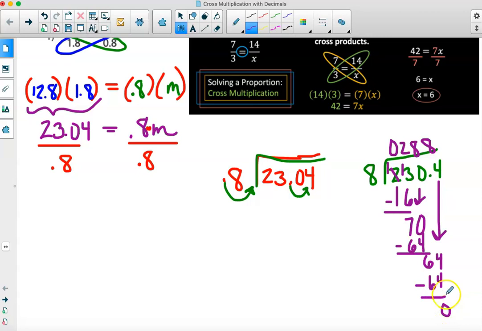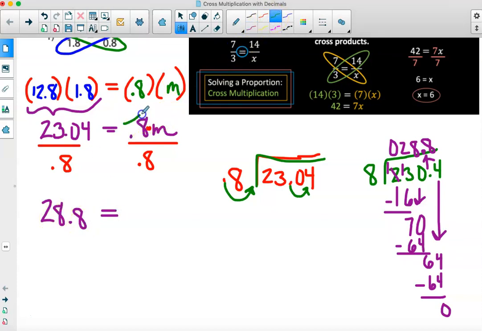And I have nothing left over. I also need to bring the decimal up to the top. So 230.4 divided by 8 is equal to 28.8. So the quotient, which is the result of a division problem, is 28.8.